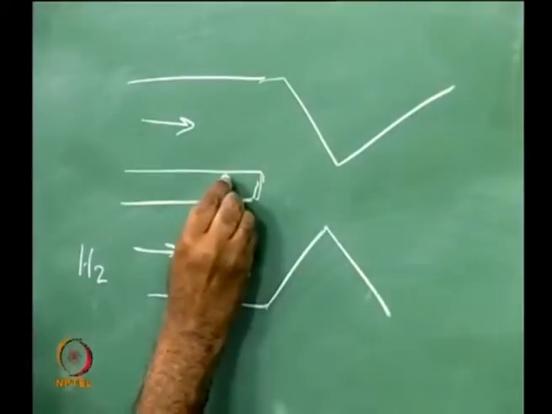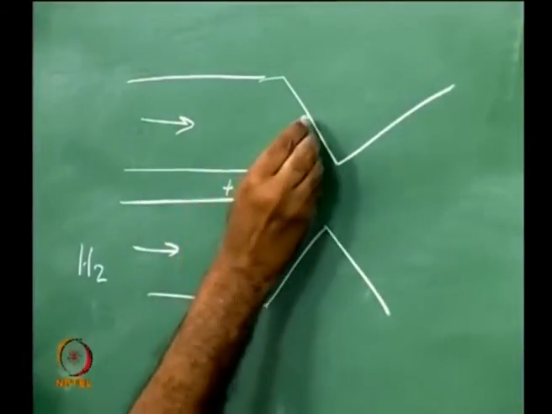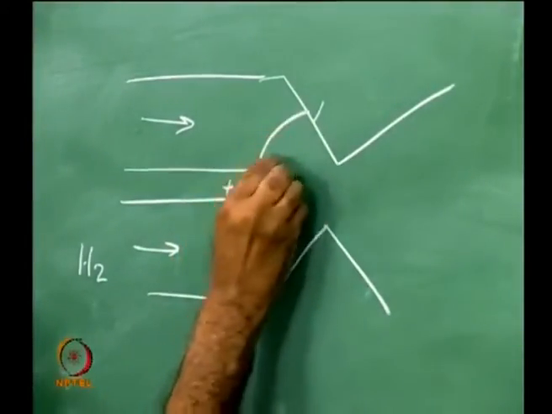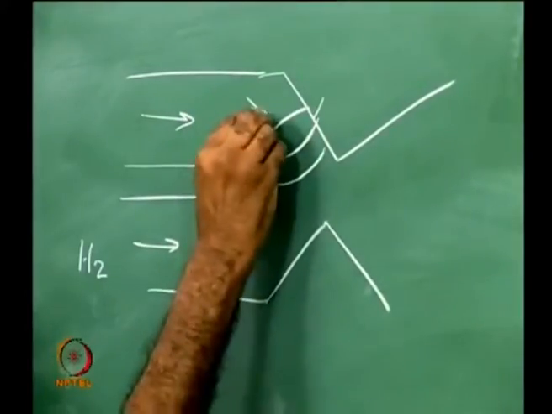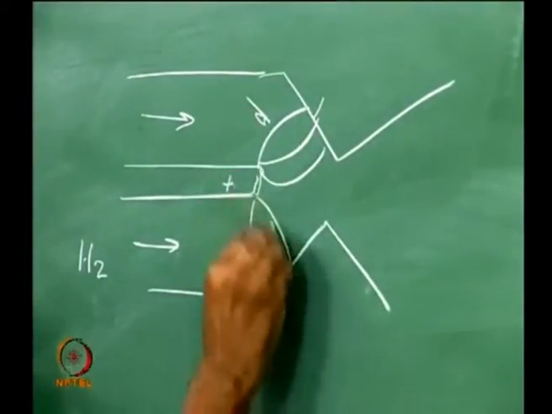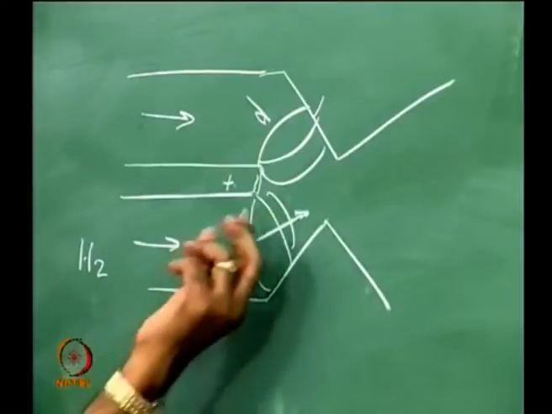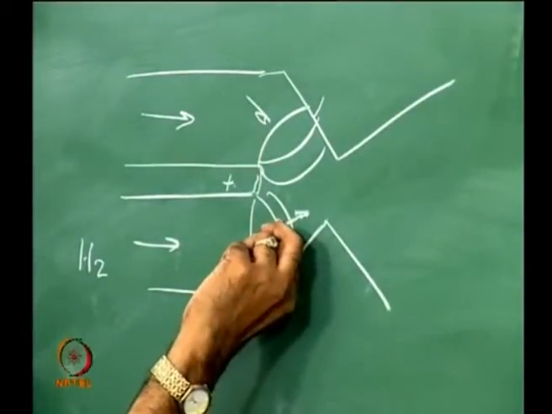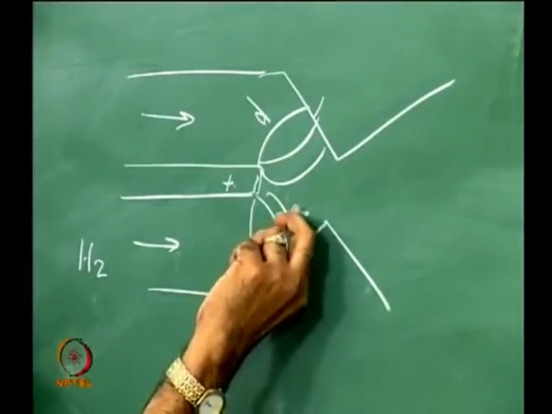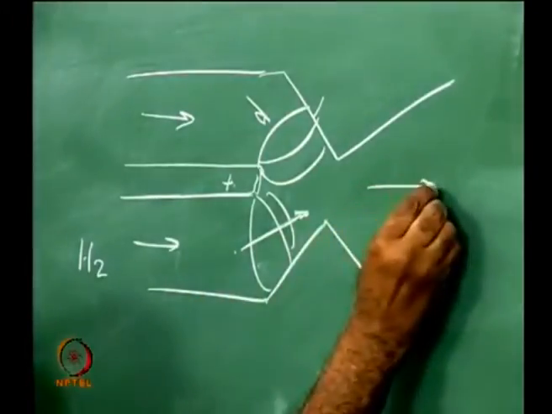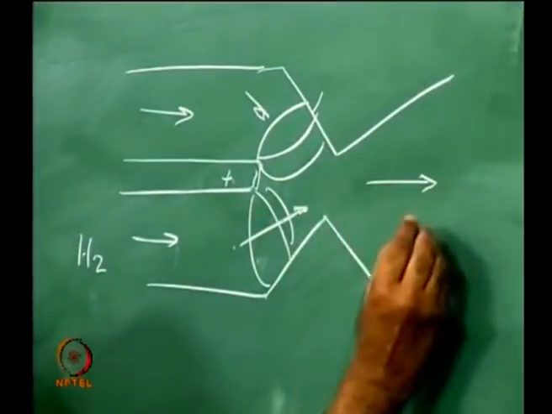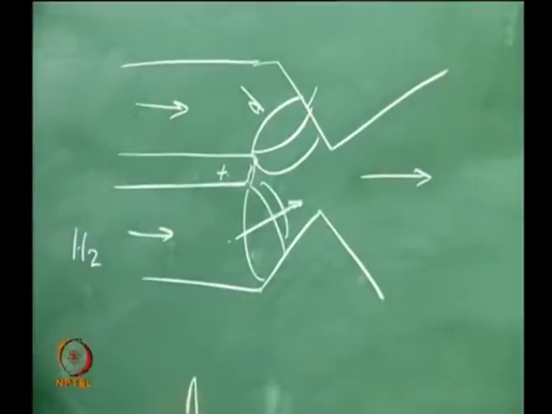I strike an arc, I have a high voltage here, maybe a neutral here, and when the gas flows through the arc, it becomes highly ionized, the arc itself dissociates also, and I have very high temperature, and I could expand this out as a high temperature gas, and this is known as an arc jet.